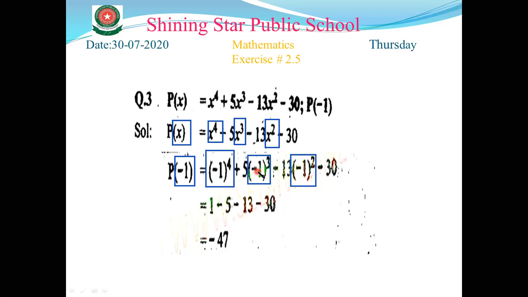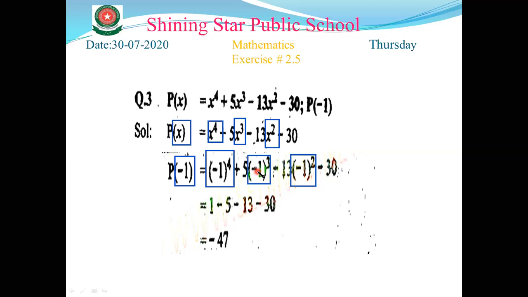Whenever we have a bracket and in the bracket we have a negative sign and the power is even, the negative sign changes into positive.